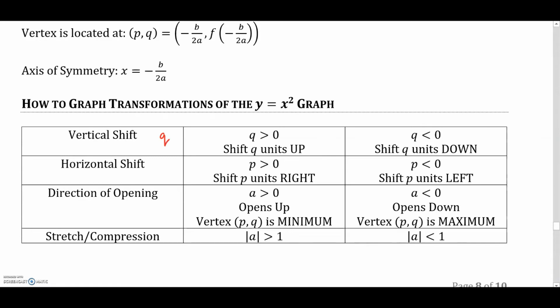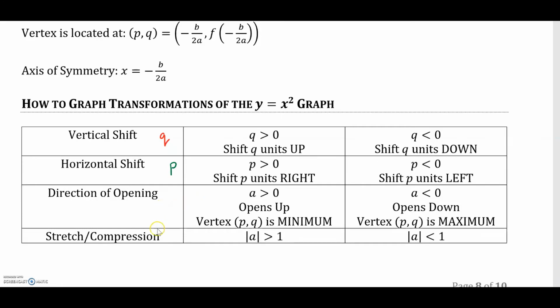When q is positive, there's a vertical shift up, and when q is negative, there's a vertical shift down. The horizontal shift is given by the value of p. If p is positive, then the shift is to the right by p units, and if p is negative, then we move to the left by p units.